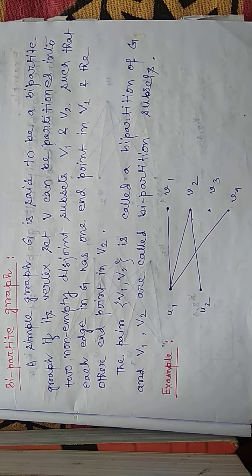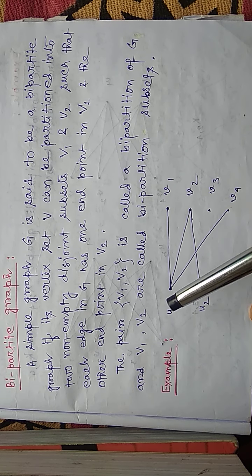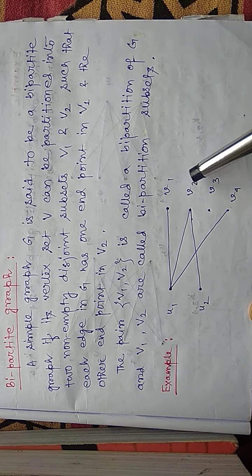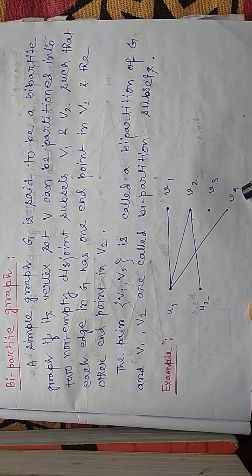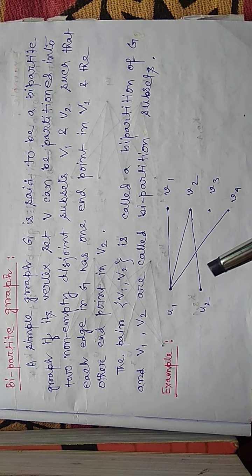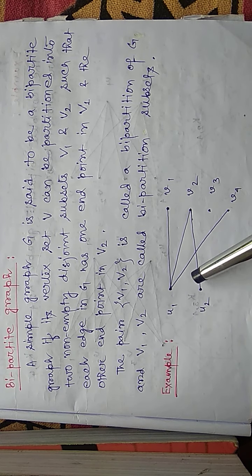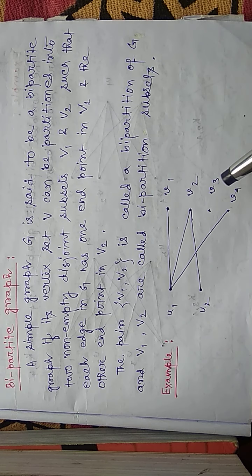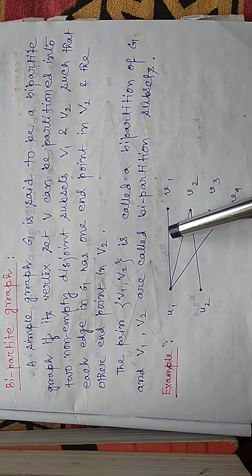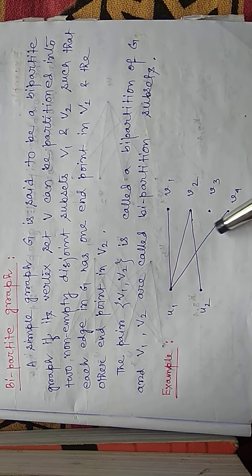Here are some examples. Suppose this is a graph containing vertices u1, u2, v1, v2, v3 and v4. Now all the vertices are bipartitioned into two subsets, one containing u1 and u2 and the other containing v1, v2, v3 and v4. Look, for each edge one endpoint is in this subset and the other endpoint in this subset.